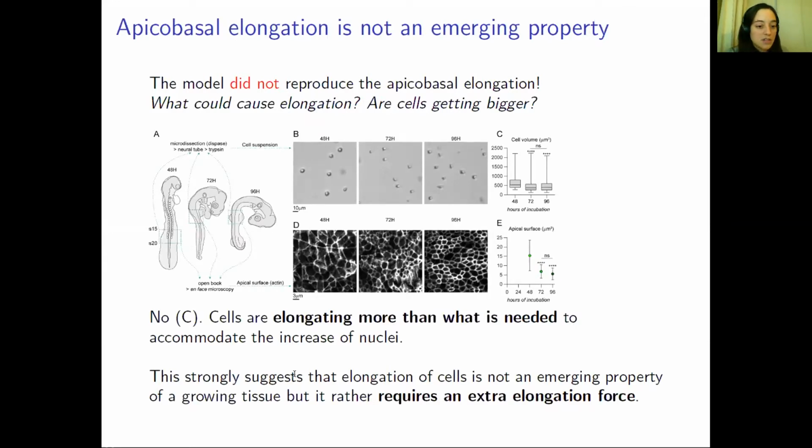And also it suggested new experiments that were then performed again by Eric's team, to understand why elongation is not an emergent property of this mechanical system. And the model suggests that there is an extra elongation force that is needed to explain the elongation of the tissue.